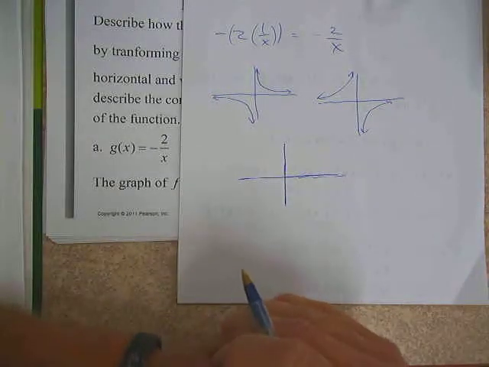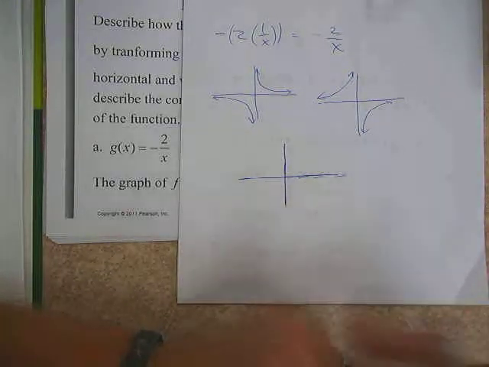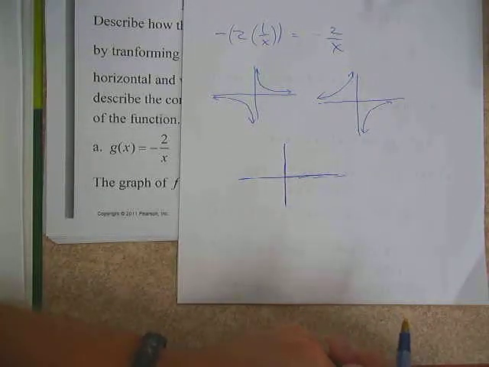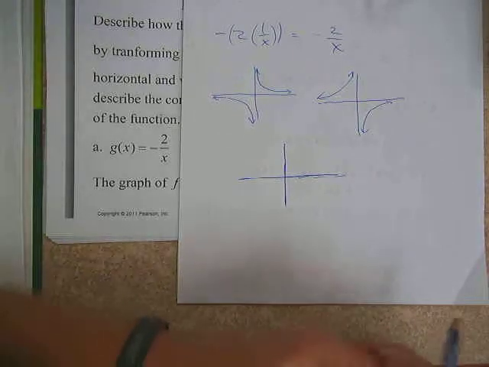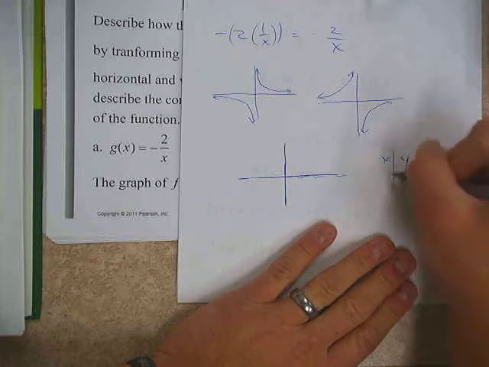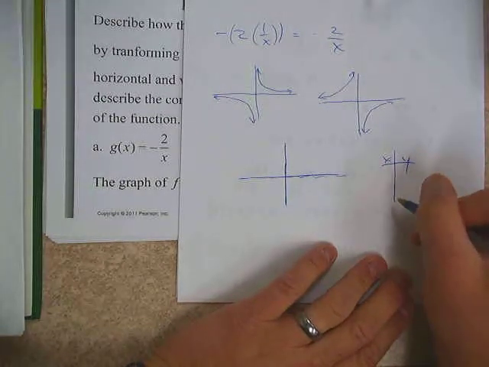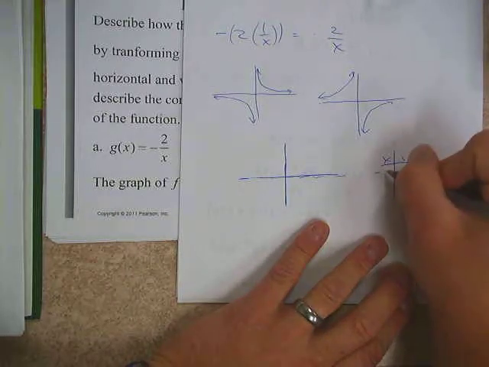No, I'm still going to have y equals 0 as a horizontal asymptote. So I would have my same asymptotes drawn. That's what I would do first, recognizing that those two things that happen to this function are not going to change the asymptotes. If I shifted this left, right, up, or down, would that change the asymptotes? Yeah, definitely. So we would want to draw those where. We'll see that in a minute.